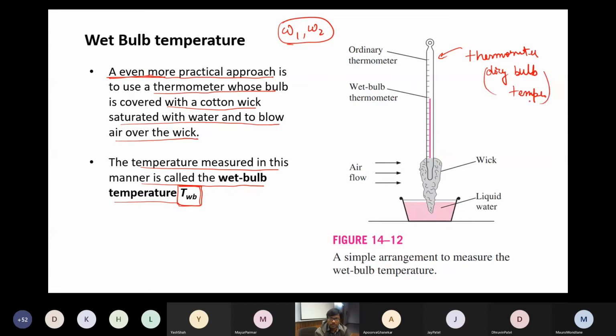But there is a modification you do. You put a cotton cloth soaked with liquid water.